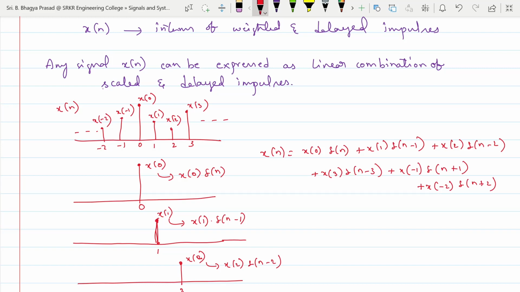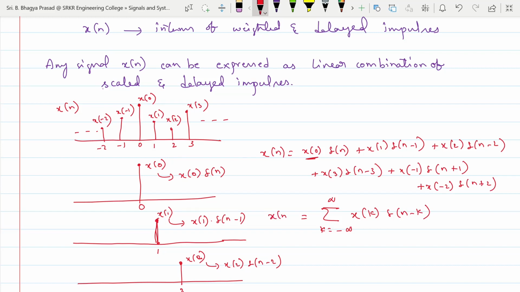This representation is the linear combination of scaled and delayed impulses. If you take the different k values, in terms of summation, k equal to minus infinity to infinity, x of k del of n minus k.